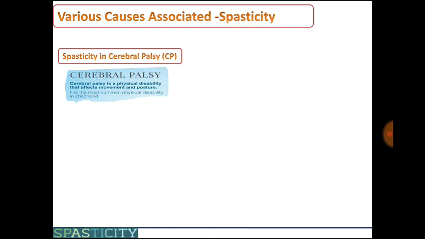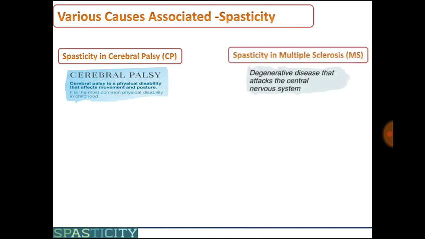As we know, cerebral palsy is a physical disability that affects movement and posture, and it is more common in underdeveloped children, what we call a childhood physical disability disease. Multiple sclerosis is one of the main reasons for spasticity in adults. Multiple sclerosis is a degenerative disease that attacks the central nervous system.